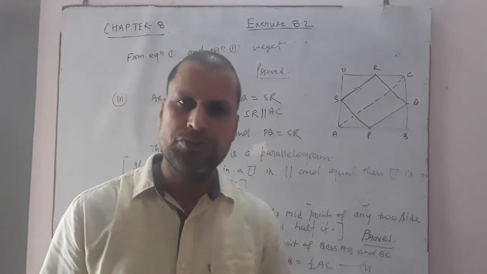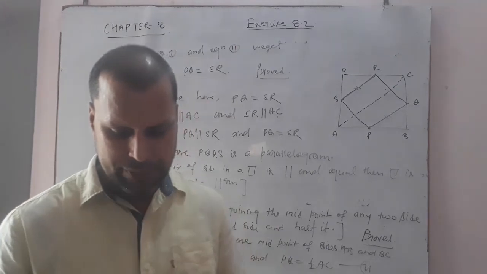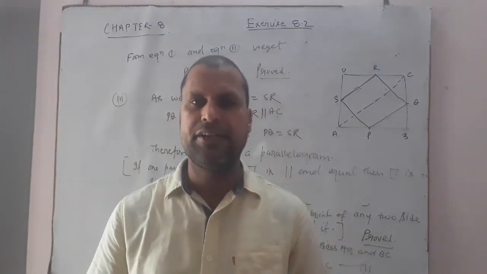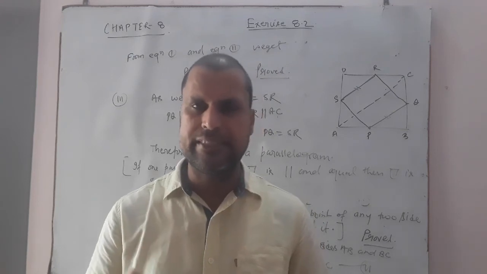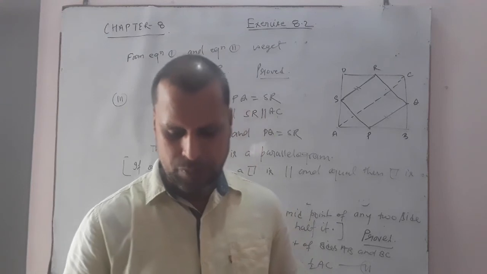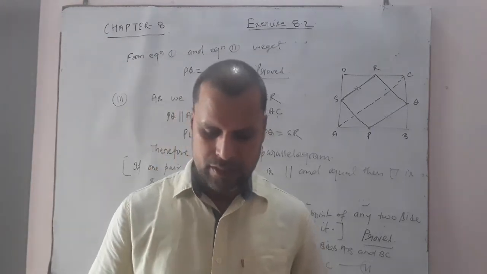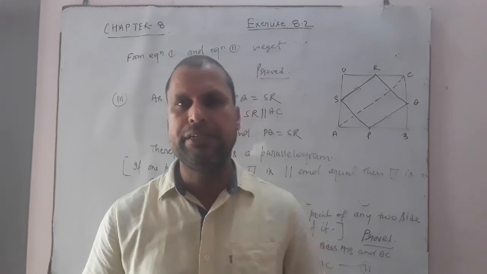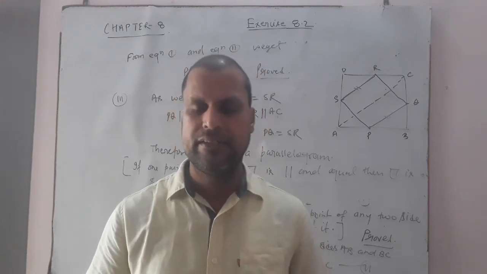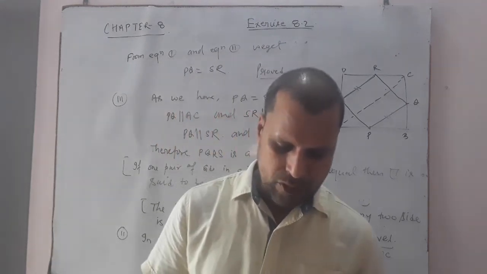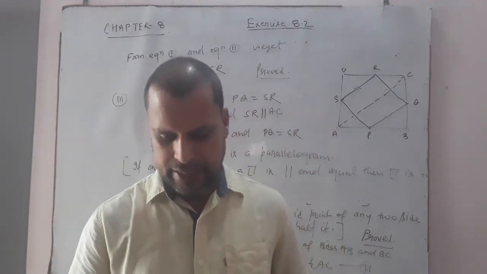First of all you have to draw a rhombus. In a rhombus all sides are equal and the diagonals bisect each other at 90 degrees. Keeping this concept in your mind, you have to prove that quadrilateral PQRS is a rectangle.